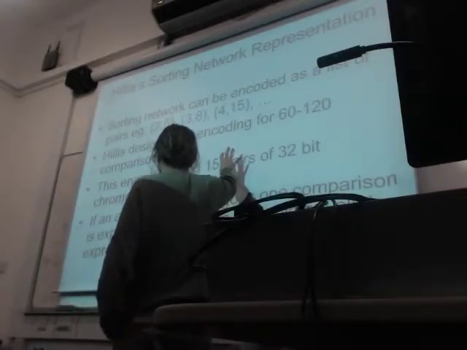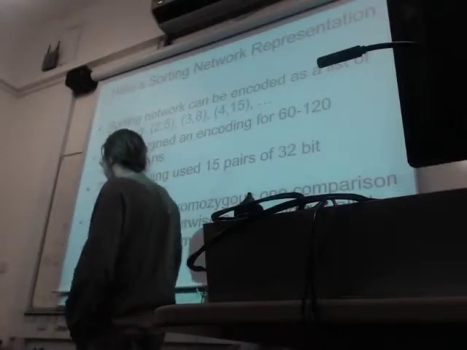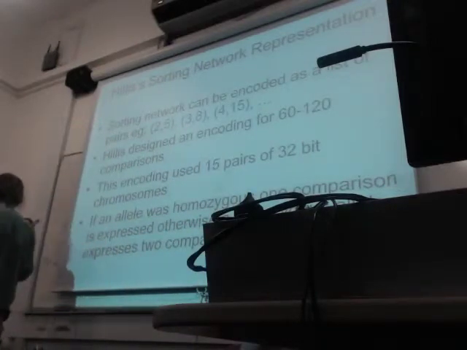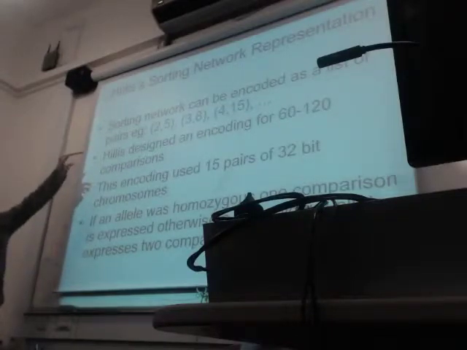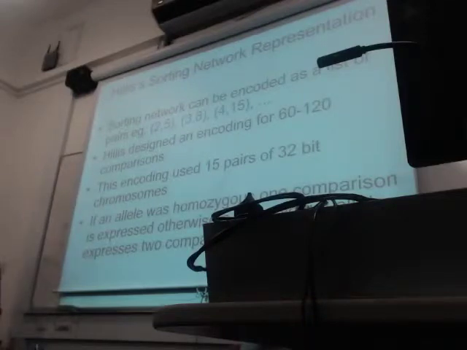So we'll go into the encoding in a moment, but one thing which Hillis did is kind of an interesting idea. One thing you notice about this encoding is it's variable length. It's not a fixed length encoding. Well, it is a fixed length encoding, but it's going to encode something from 60 to 120 comparisons.